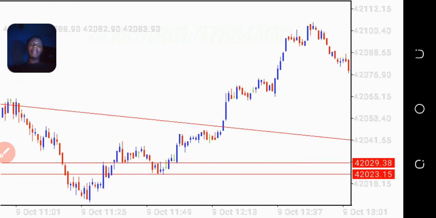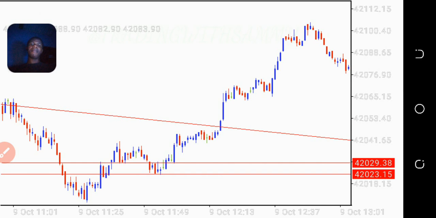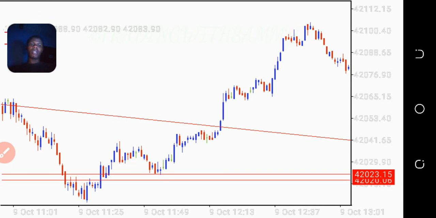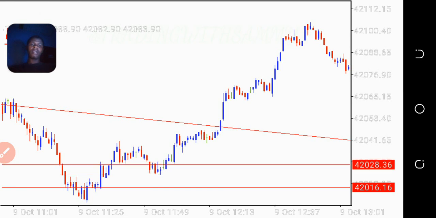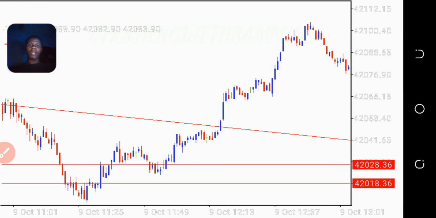Right here. This is where I was mapping out that the market should come to, and my stop loss will be somewhere here. My entry should be here because this was the last candle, and my stop loss somewhere here.